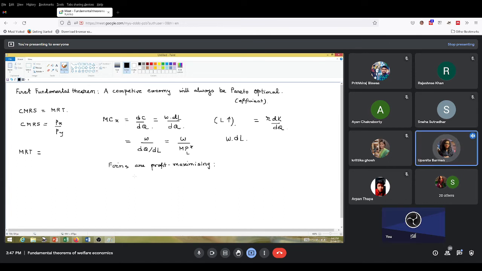P equal to MC. Here we are talking about MCX, so it is equal to PX. In Y it will be MCY equal to PY.